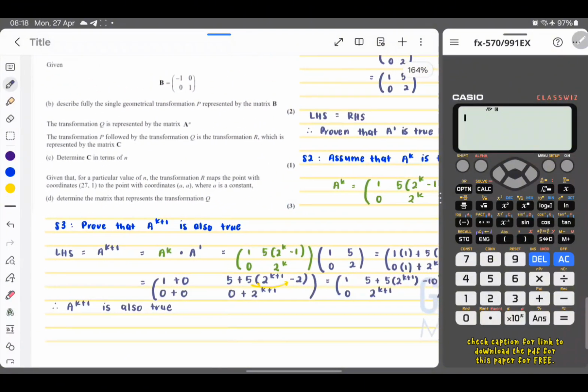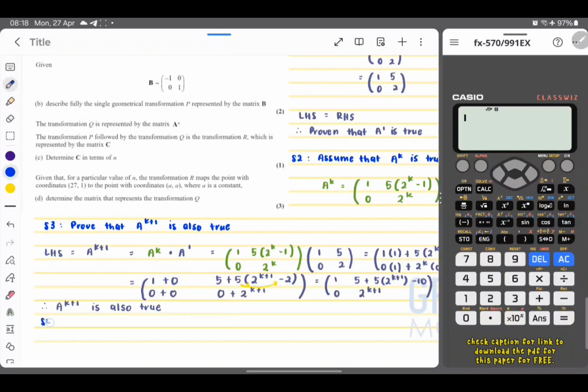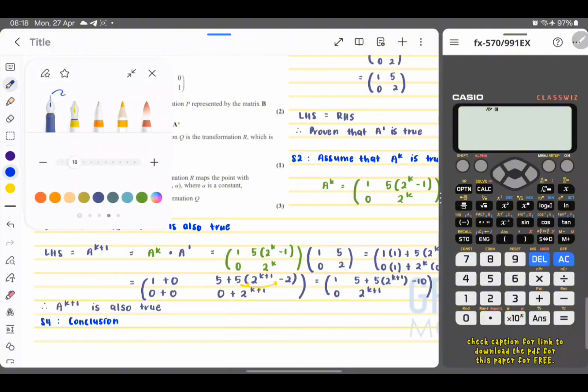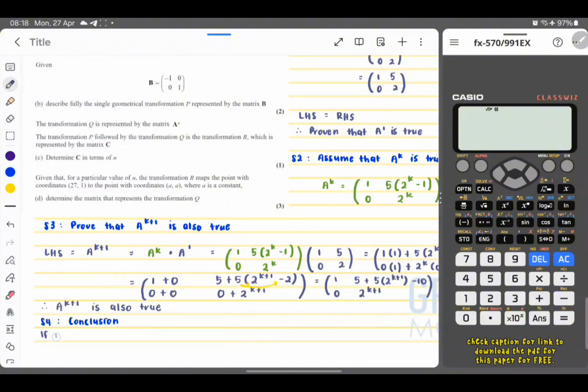Last step. Step 4. Conclusion. Let's write down the conclusion. If it is true for n equals k, then it is true for n equals k plus 1.